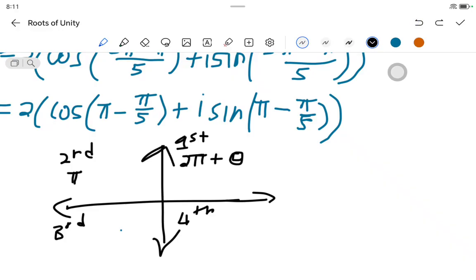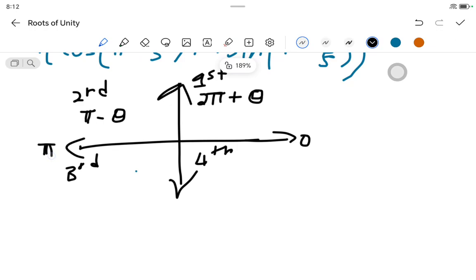No, here it's minus theta, because this is pi, right? And then here it's pi plus theta. Here it's 2 pi minus theta.